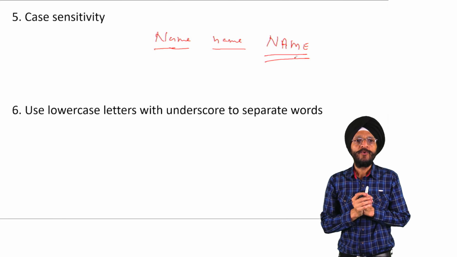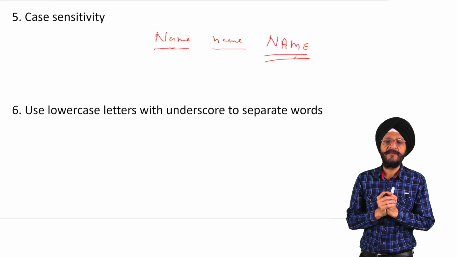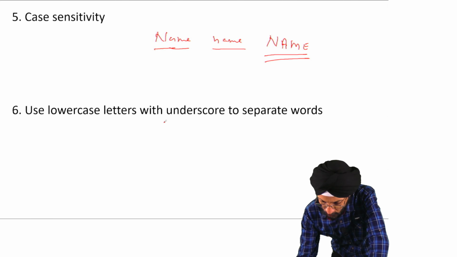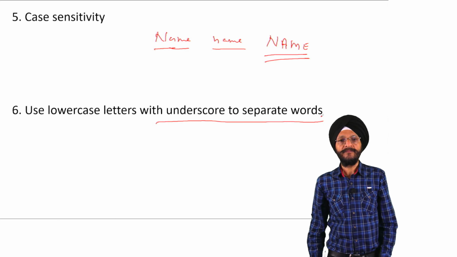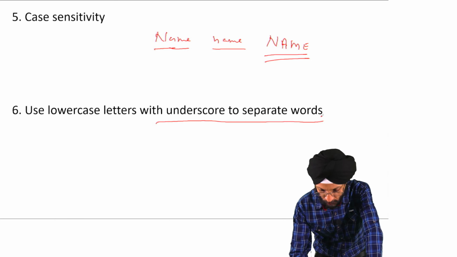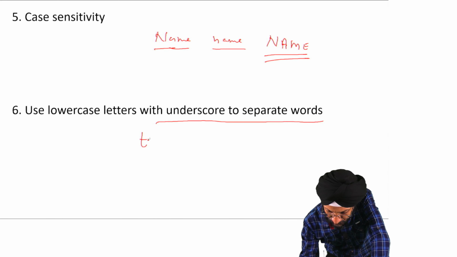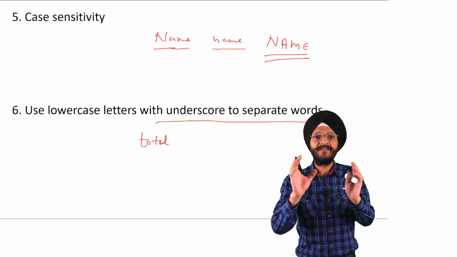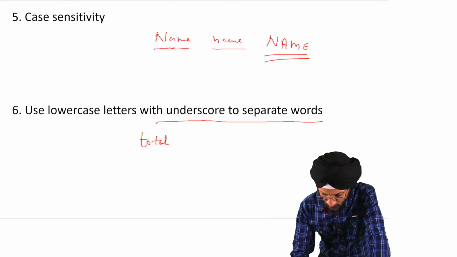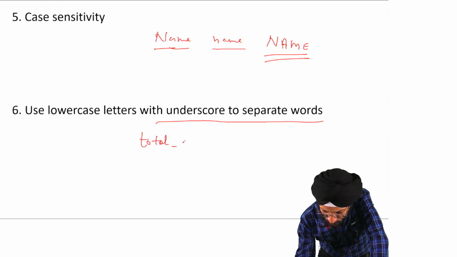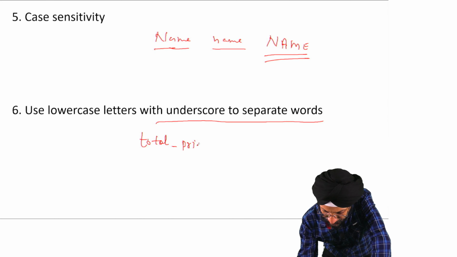Next is use lowercase letters with underscore to separate words. What does it mean? Suppose we have two words, total price, as a variable name. So we will write it as total_price.